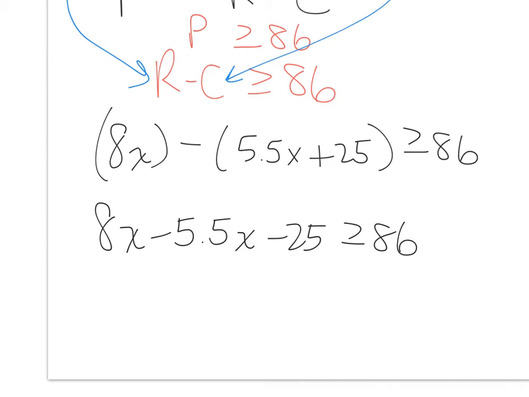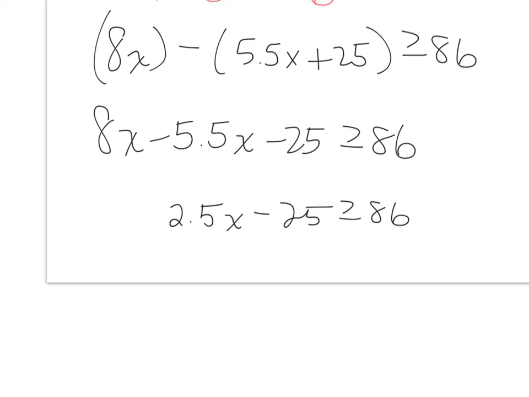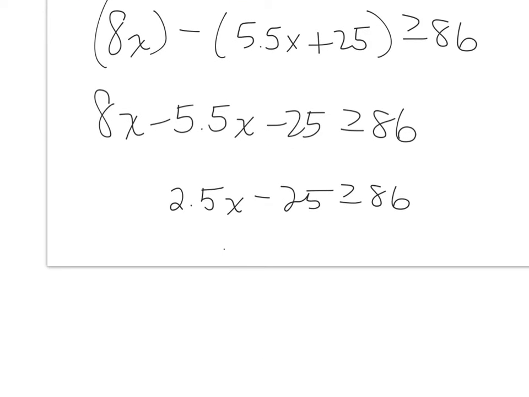We'll combine like terms. 8 minus 5.5 gives us 2.5x. I'm going to move the 25 over. I'm going to add 25 to both sides. It's going to give me 111, I think. Then divide by 2.5.